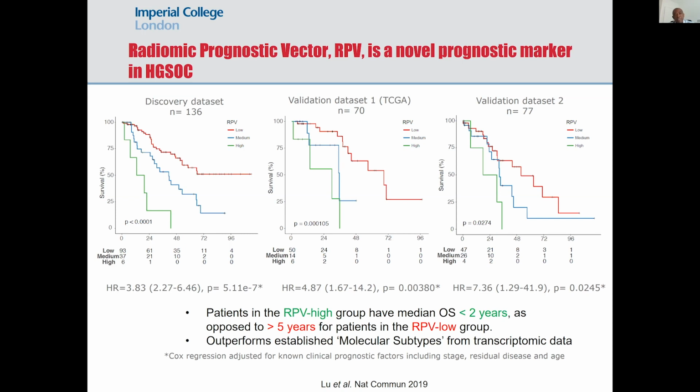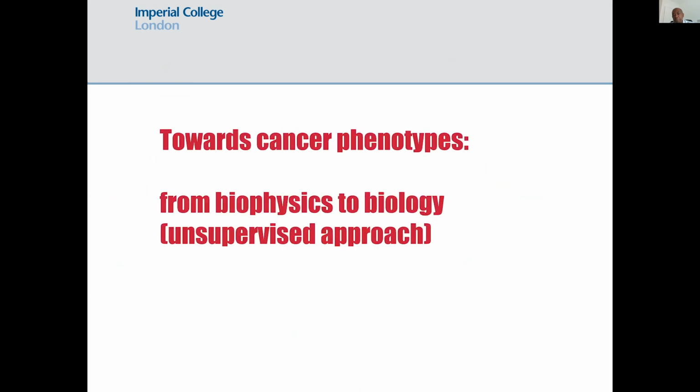And the interesting thing is that it outperformed established molecular subtypes, which were derived from transcriptomics data. And this is important as we develop these imaging approaches. It's not just another piece of science, it's something that could make a difference clinically in the future.